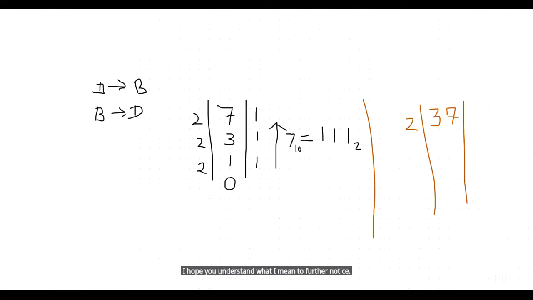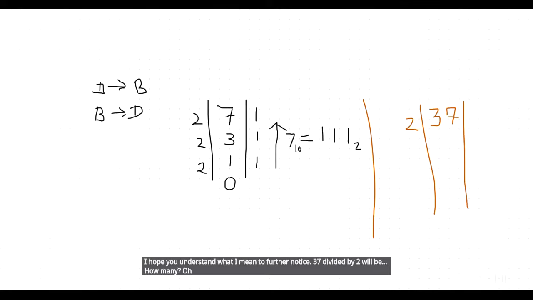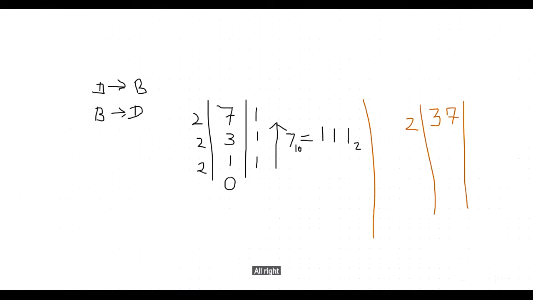37 divided by 2 will be how many? Oh, you can't talk, right? All right, that will be 18, I guess. Yes.